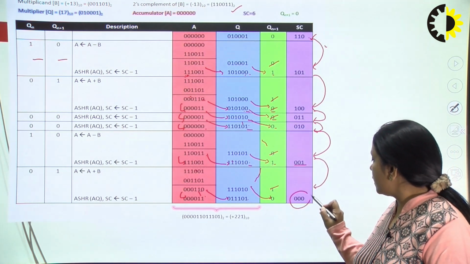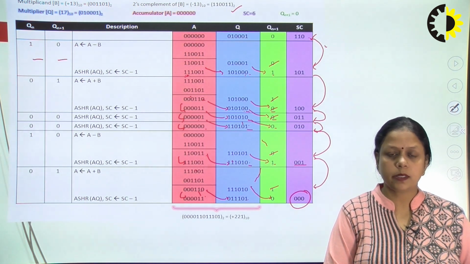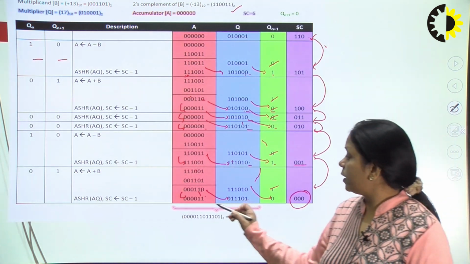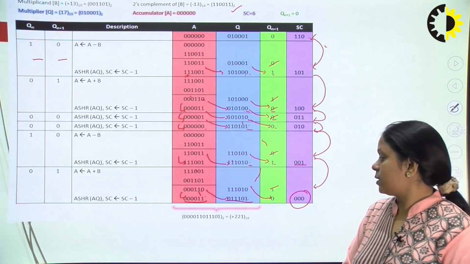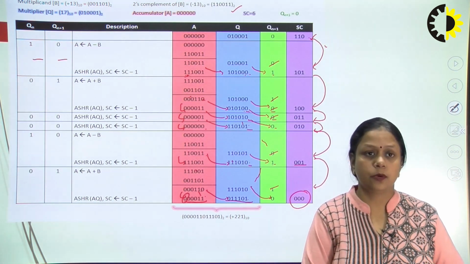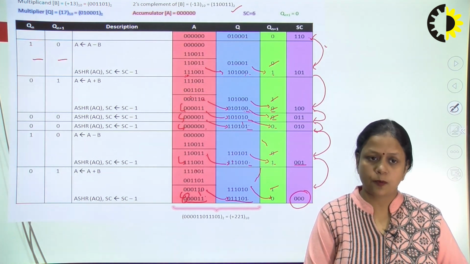Now, we will get the value of sequence counter 0, 0, 0. It means we have performed all the steps of our multiplication process. Now, the result is stored in the AC register and QR register. You can see here the sign bit of the result is again 0, because we have both positive numbers, that's why the result is also positive.